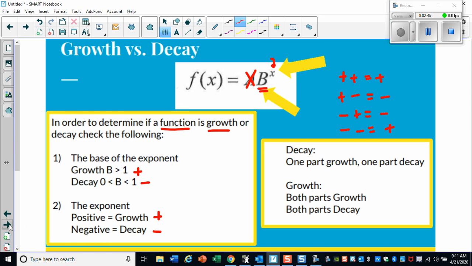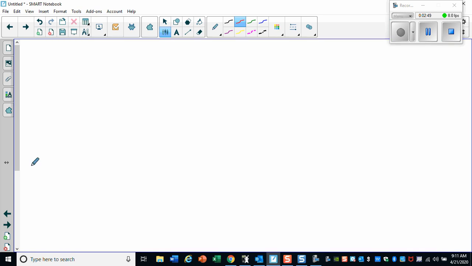The other way to do it is to look at the end behavior of your graph. You're looking specifically just at the right-hand end behavior. Notice this right-hand end behavior is going up to positive infinity.